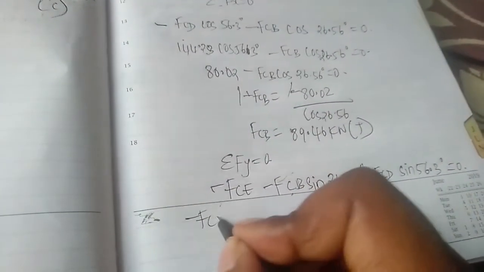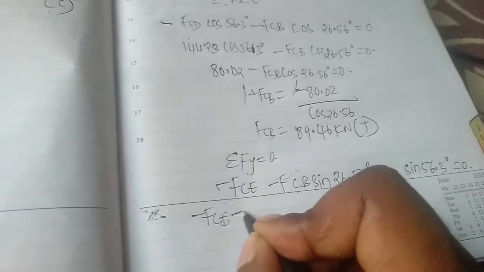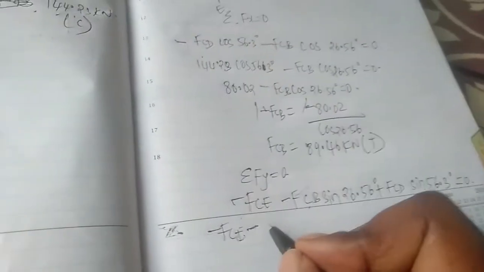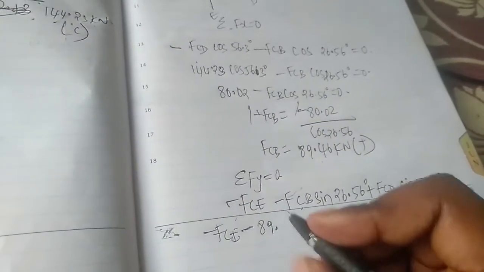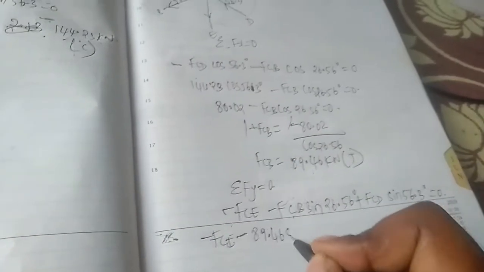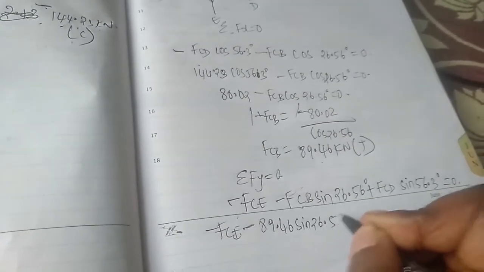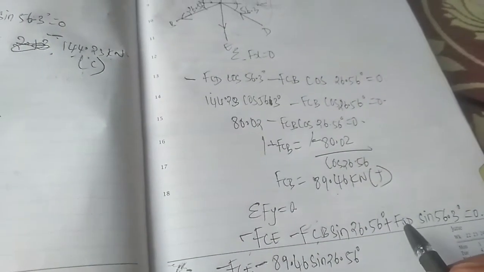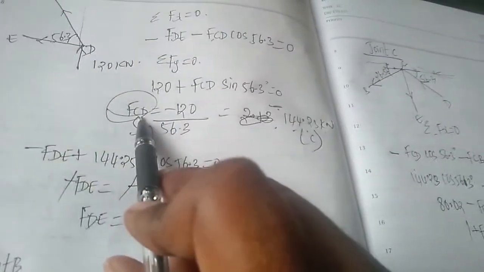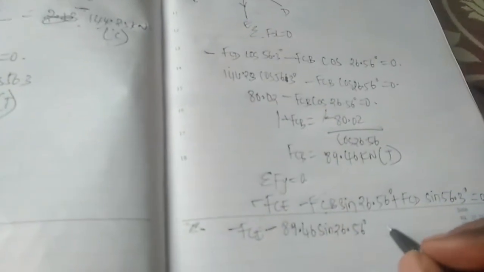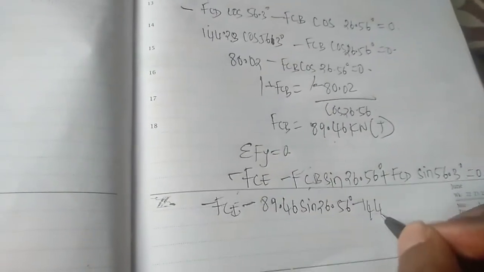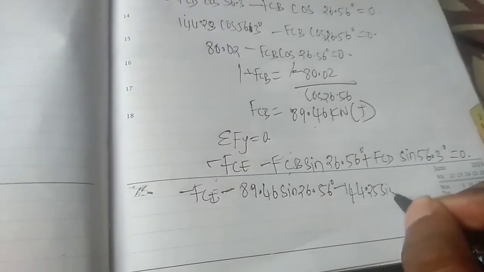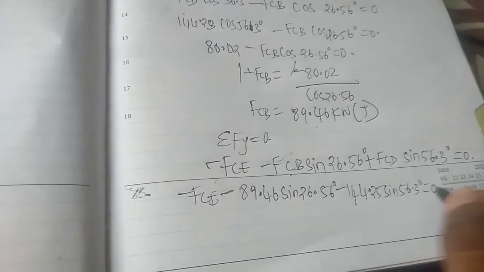So now substitute. FCB is in tension, so minus FCE minus 89.46 sine 26.56 degree. What is FCD then? FCD is what you have calculated here. FCD is minus 144.25. So minus 144.25 sine 56.3 degree is equal to 0.